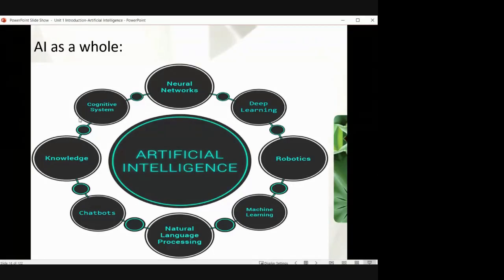Okay, so the system, just like Google Assistant, suppose. ठीक है, अगर हम Google Assistant की बात करते हैं तो Google Assistant में, first of all, that AI is using natural language processing, right? Because whatever data we are giving to that system is in the form of human language. So the system has to interpret that language.